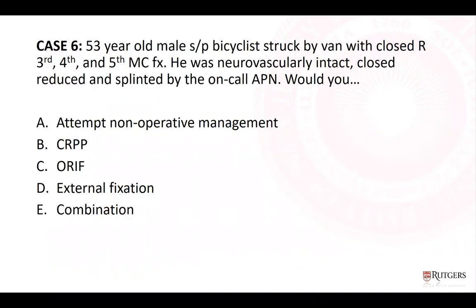Options: CRPP, ORIF, X-fix, and a combo. Good. So some people are saying ORIF, some CRPP, some a combination of the two. All right, we'll go back to these at the end and see what we did and answer any questions if anyone has them.